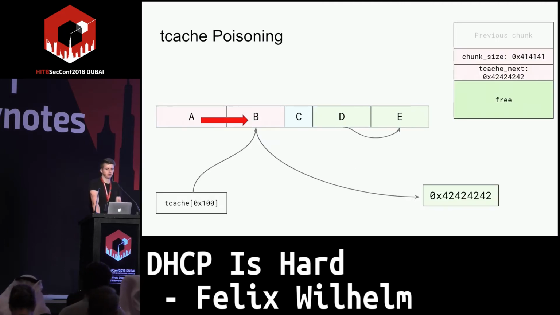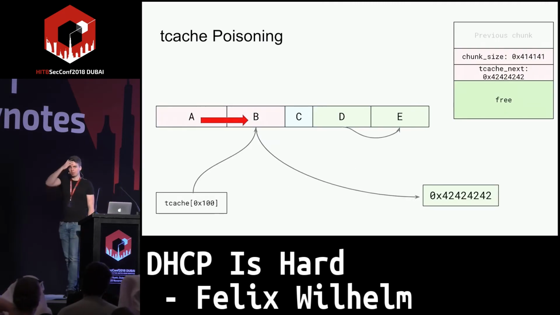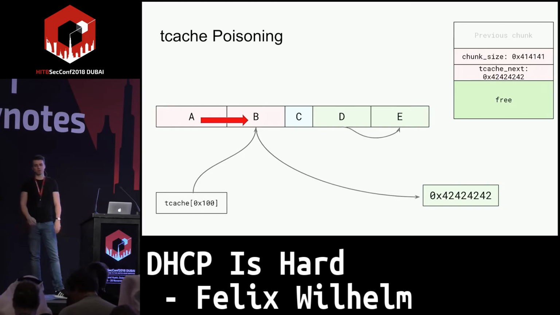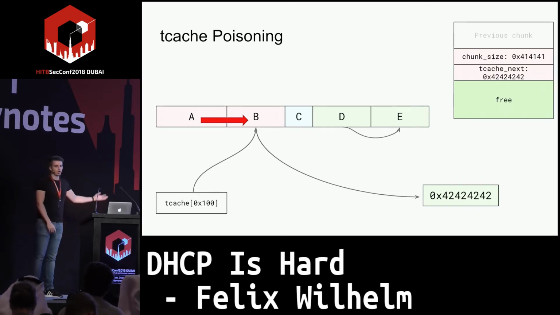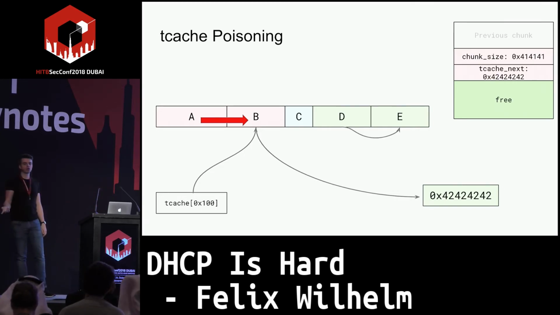So what happens if we do tcache poisoning? Now we have a heap-based buffer overflow of chunk A. We trigger the overflow so we can corrupt the chunk size and tcache next pointer of B. Traditionally, you needed some approach to write the correct chunk size in there and make the address you write into the next pointer look somewhat realistic.